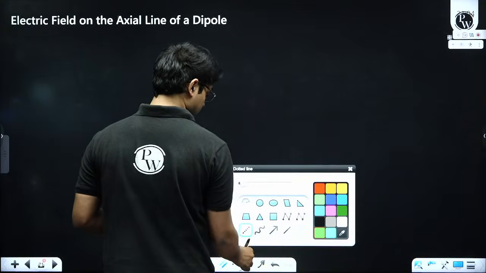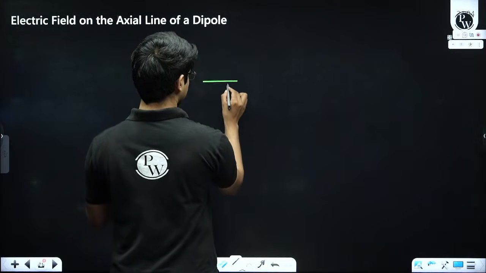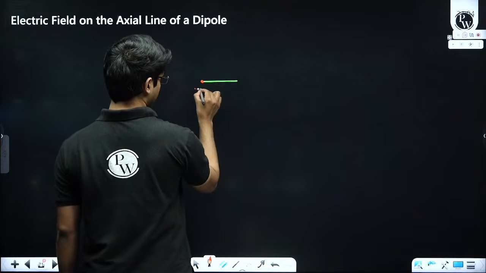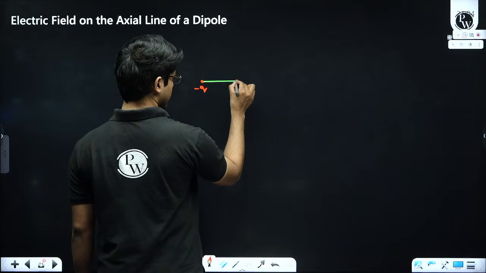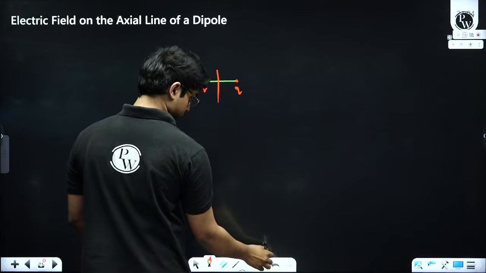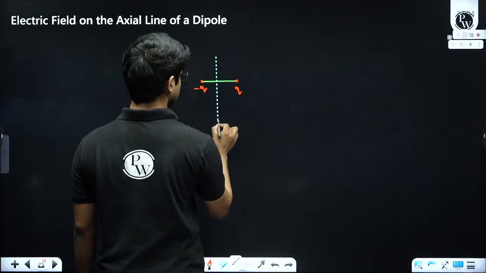Okay, so in the first case, we have a minus Q charge here and a plus Q charge here. And let's say this is the midline. This is the middle line.